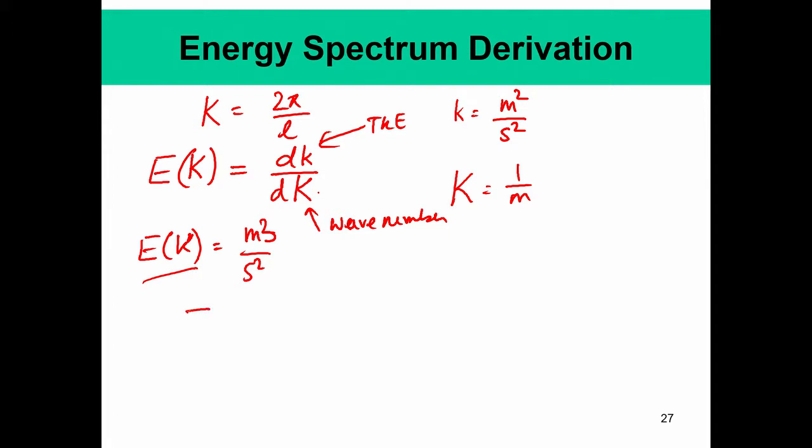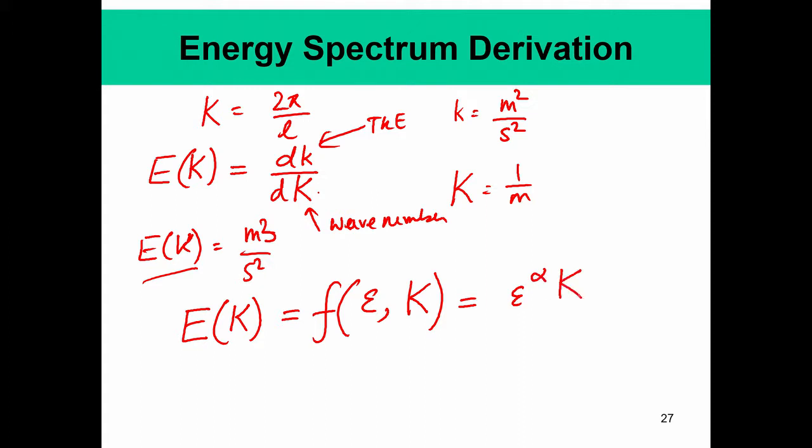So by Kolmogorov's second similarity hypothesis, E of K can only be a function of the turbulent kinetic energy dissipation rate and K. By dimensional analysis, let us say this is epsilon to the power of alpha and K to the power of beta. This has units of meter cube per second square, and epsilon has units of meter square per second cube, to the power of alpha, and K has units of meter to the power of beta.